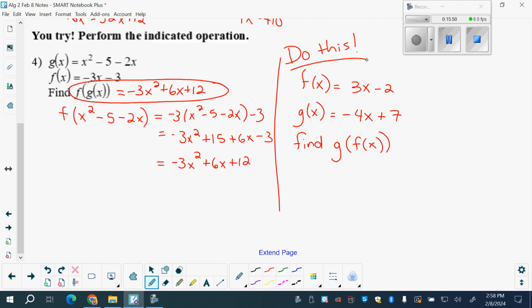Let's see what you got. You're supposed to be doing this problem here. So you don't want an x there. In place of x, you're putting 3x minus 2. Everything else looks great. That's substituting the 3x minus 2 for the x. And then you distribute.